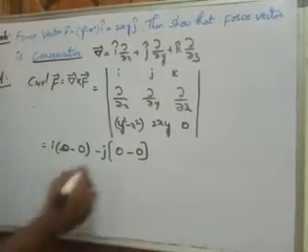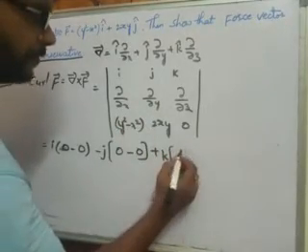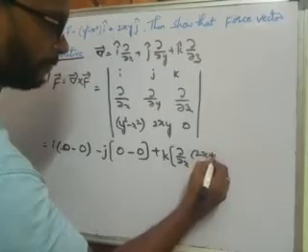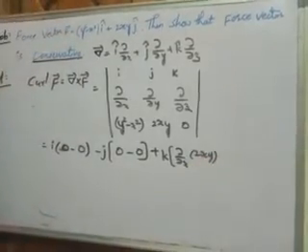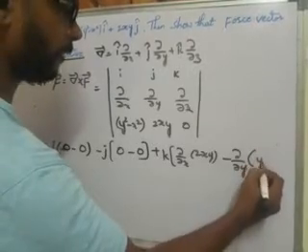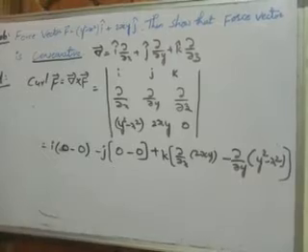And what about the k-th term? Plus k into ∂/∂x of 2xy, and minus ∂/∂y of (y² − x²).